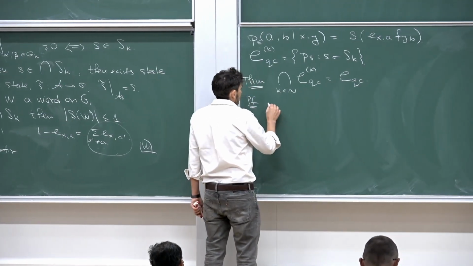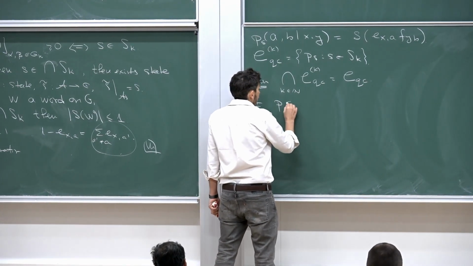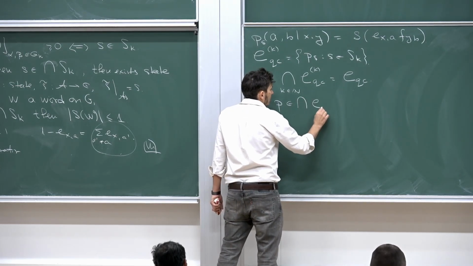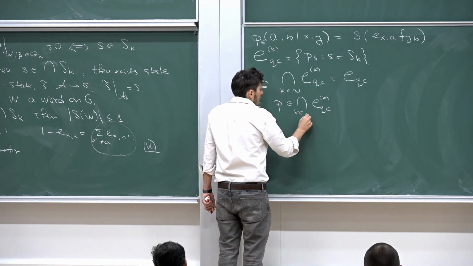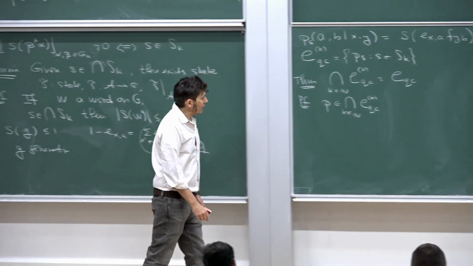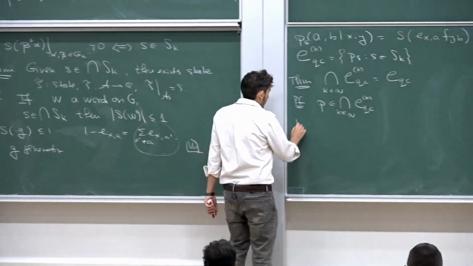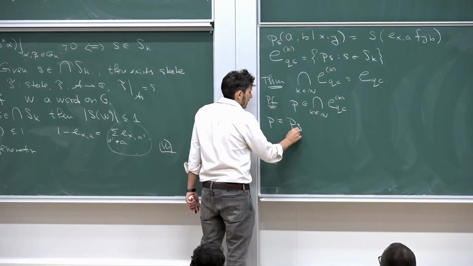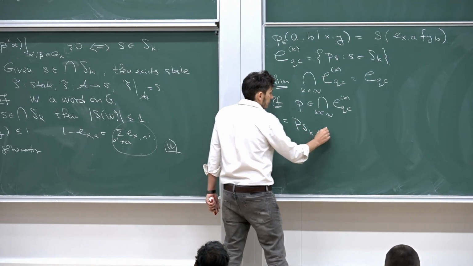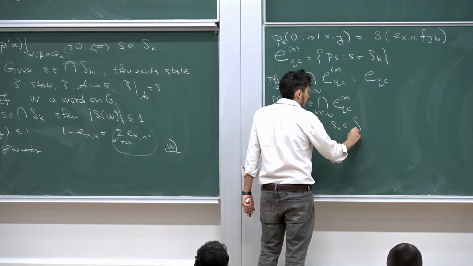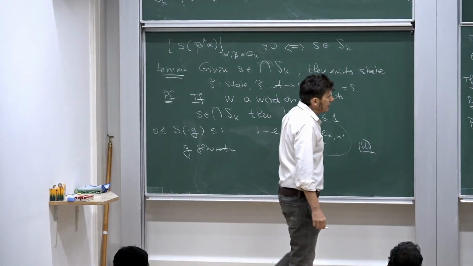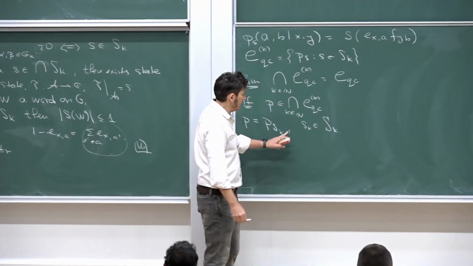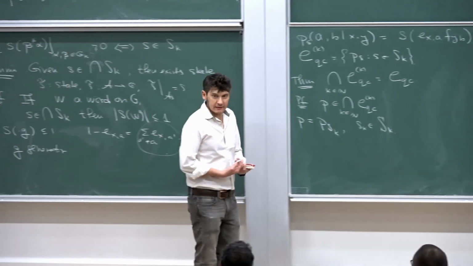The idea here, if you start with some P in the intersection here, this means that for every single K, this P will come from some P sub little s K, where little s K belongs to capital S K. Now that's true for every K, you have a different one here, and I want to represent it as a single one.